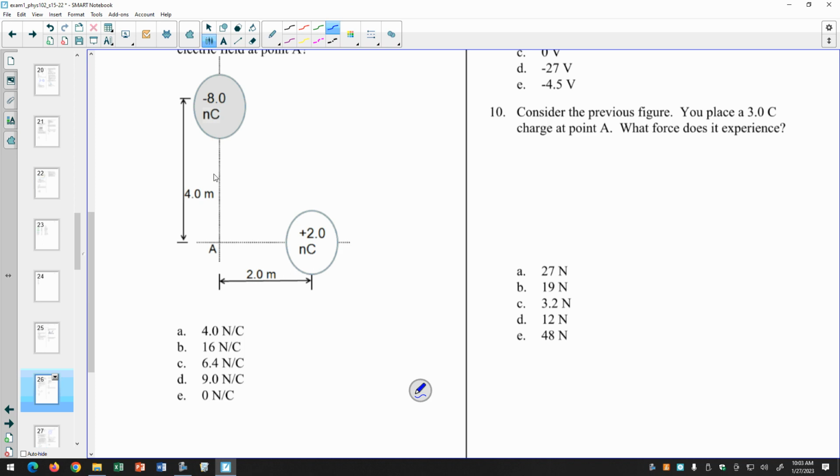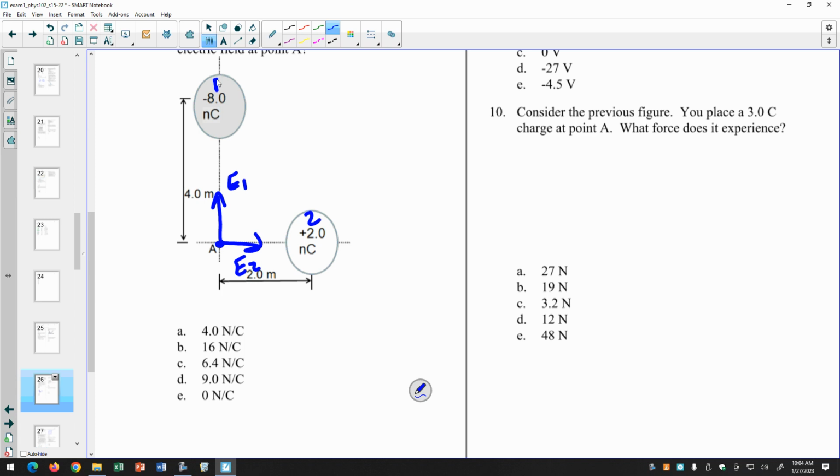All right, so I'll call this charge 1, charge 2, and so E1 is going to be in this direction, and then E2, which is half the distance, but a quarter the charge, so I think it's going to be equal, right? If I'm thinking right.